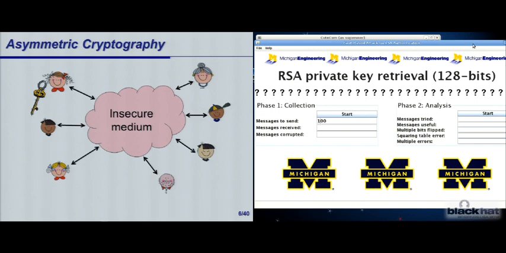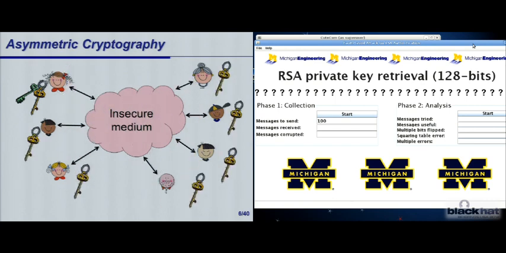In asymmetric cryptography, which is an approach to this problem, Anna will generate a set of 2 keys. Now, they look like keys. They're really just a very long string of bits, often 1,000 bits or so. But it could be longer, it could be shorter. One of these keys is called the public key. The other is called the private key. What Anna does is she sends the public key to everybody, and she keeps the private key for herself.